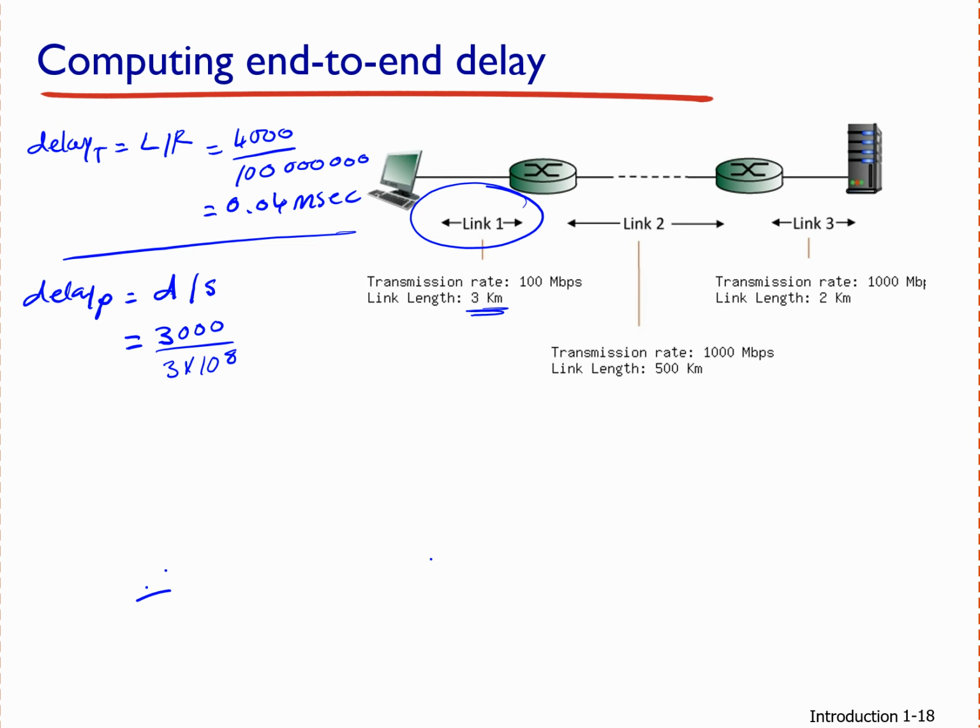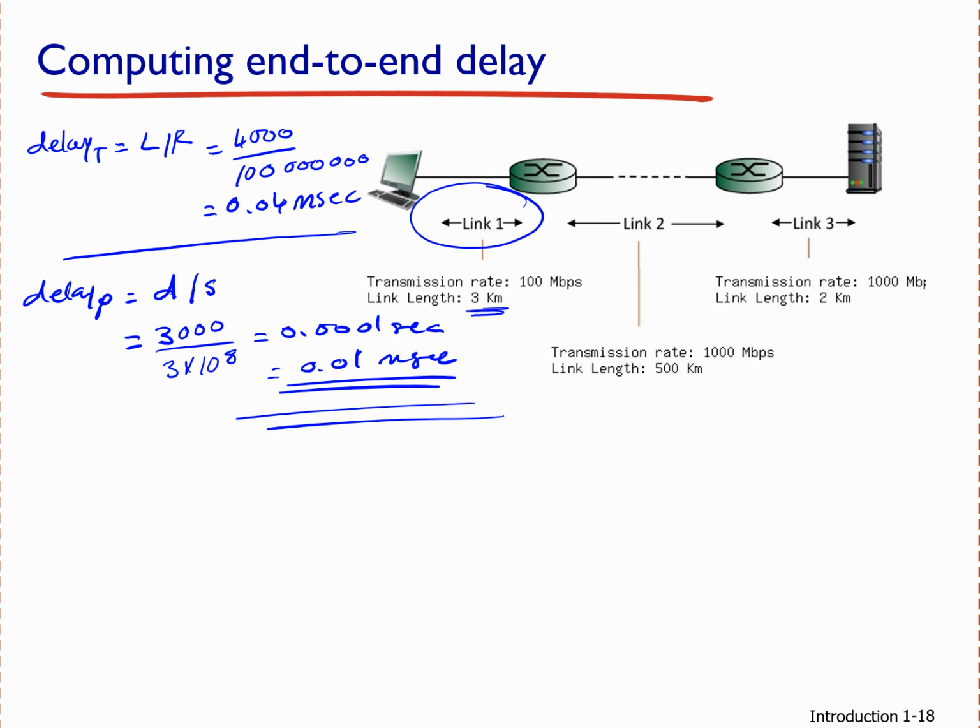So that will give you 3000 divided by 3 times 10 to the power of 8, and that will equal 0.0001 seconds, which equals 0.1 milliseconds. So that's for the first link.